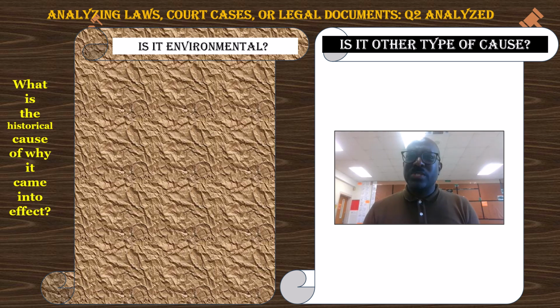All right, on this particular template, you don't really have to use it. This is just to have an extension if the historical cause of the issue might be based in an environmental issue, if it's something related to land, or if it's not any of the three that were aforementioned.